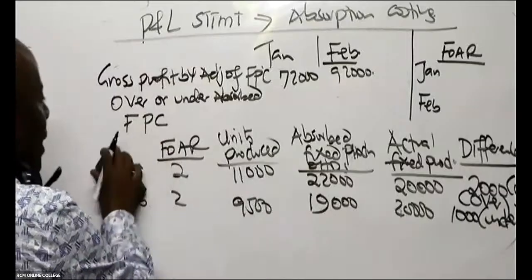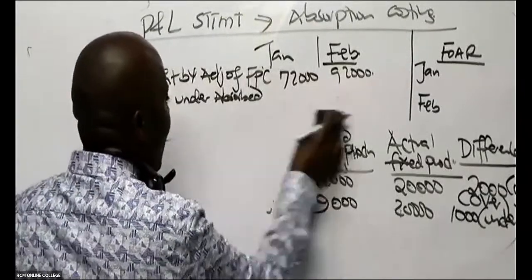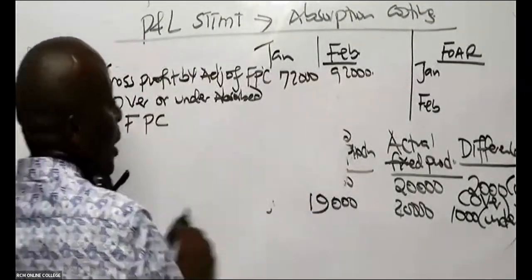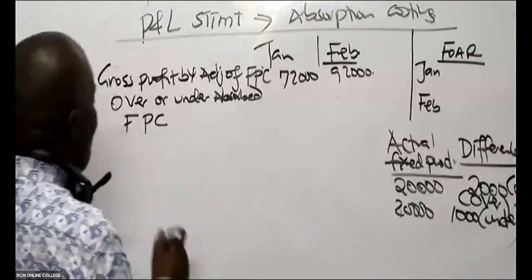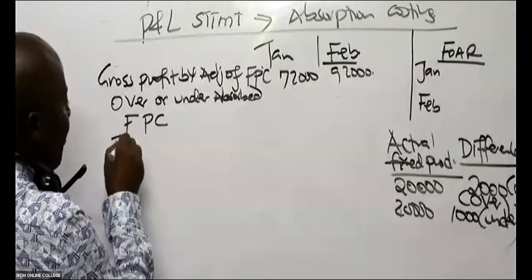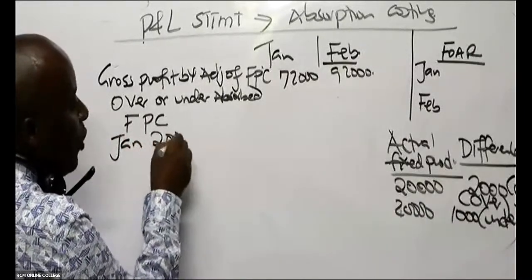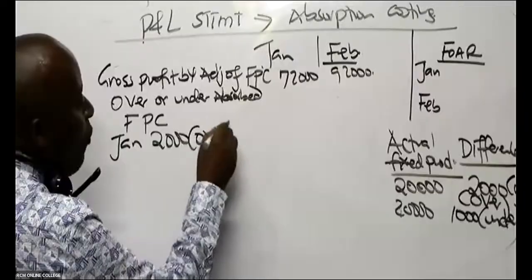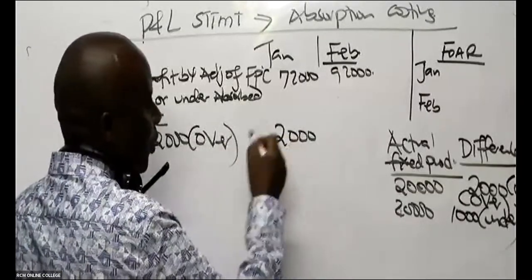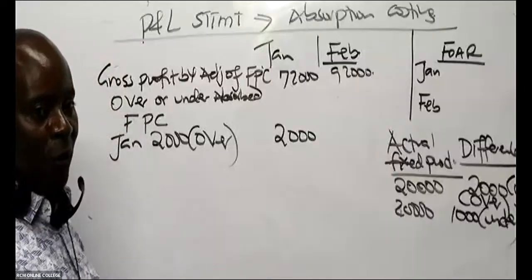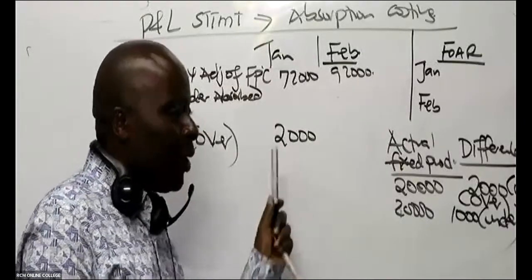Now I'm so happy, because now I will come and say January. We had a figure of 2,000, which was over. So I'll bring and put it here, 2,000. The question is, if it was over absorbed, do I add it here or do I subtract?